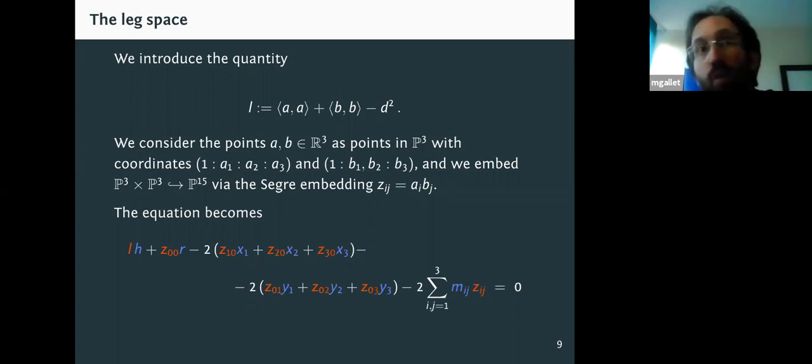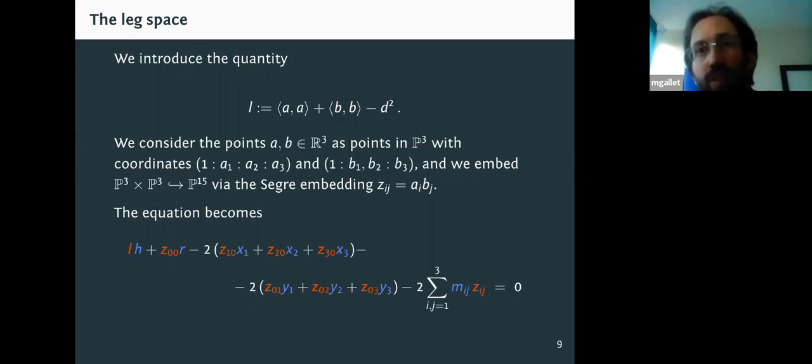So this is the so-called Segre embedding, and very concretely, the map that goes from P3 times P3 to P15 is the one which is given by the condition that Zij, namely the coordinates in P15, are just given by the products of the coordinates in P3 times P3, namely Zij is equal to Ai times Pj.